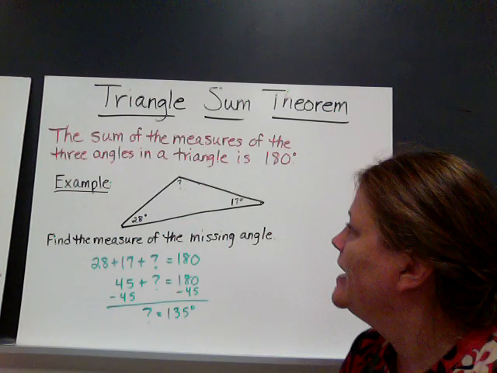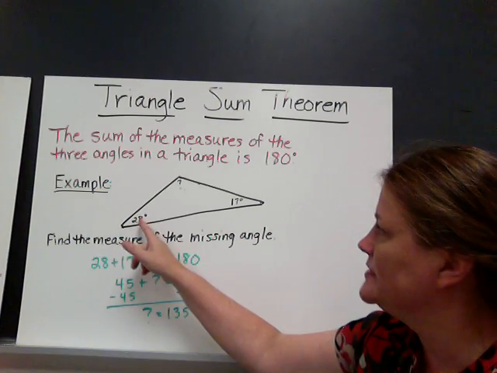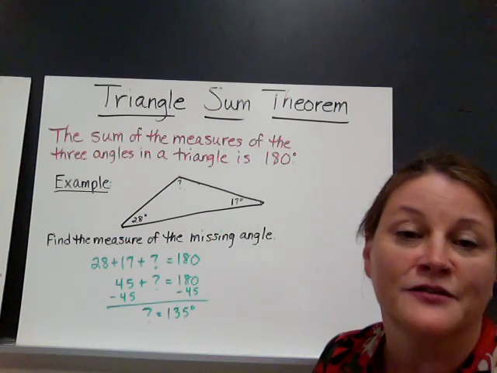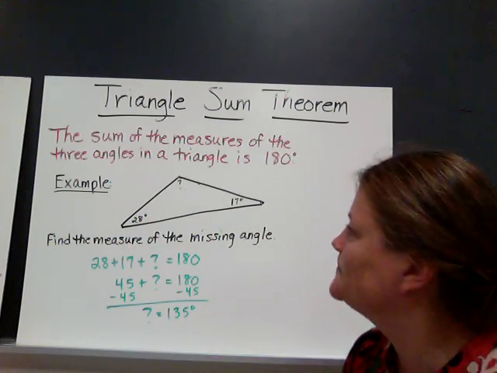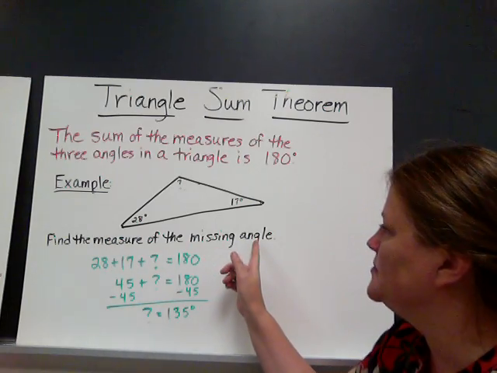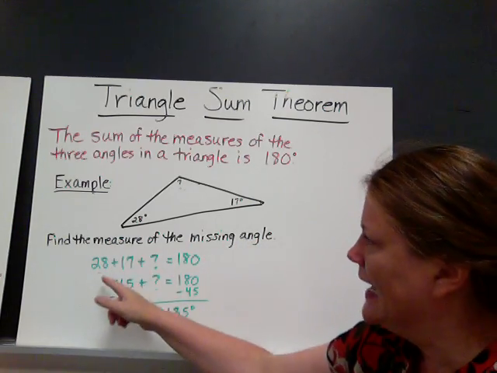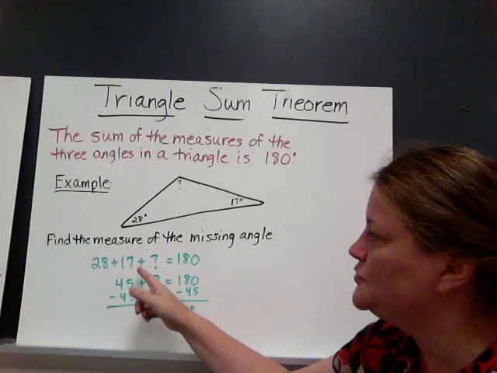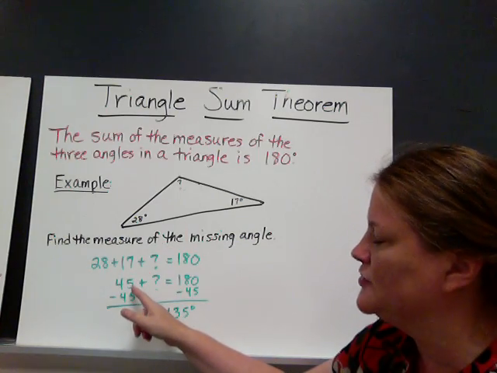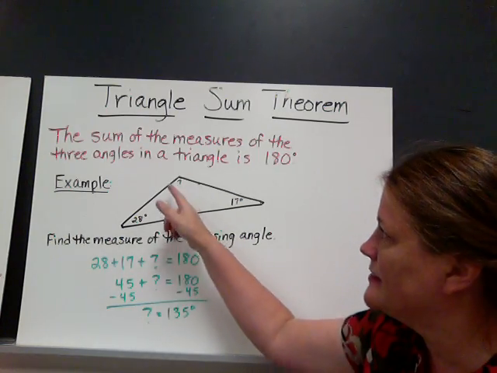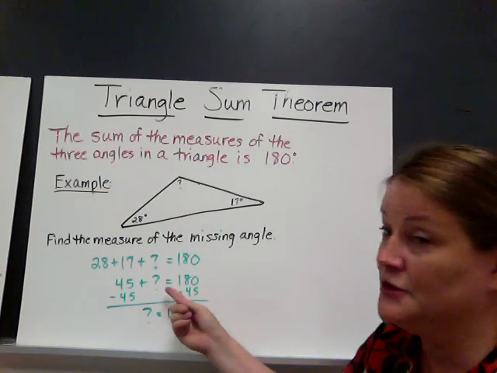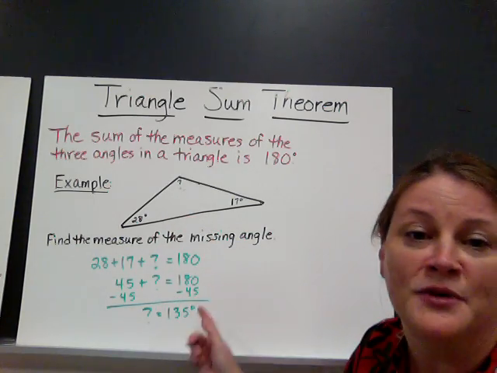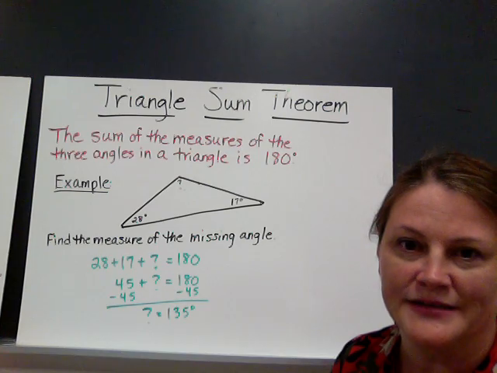It actually has a question mark. So I'm looking at the two angles listed. One says 28 degrees, the other says 17 degrees. To find the measure of the missing angle, I add the two angles that I do know and get 45 degrees, plus that third angle, what I don't know yet, and their sum equals 180 degrees.